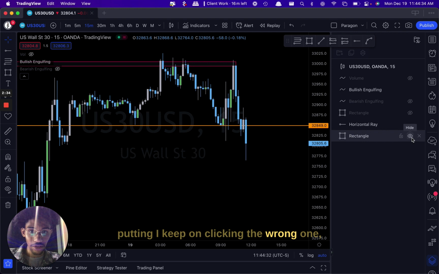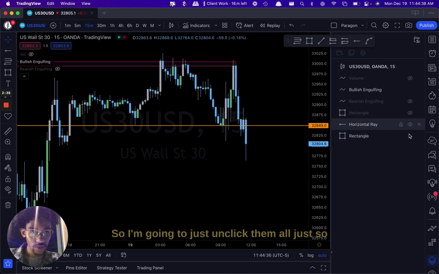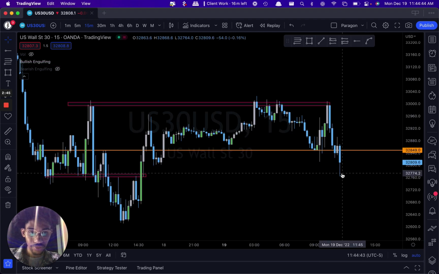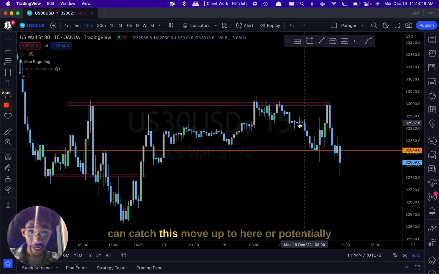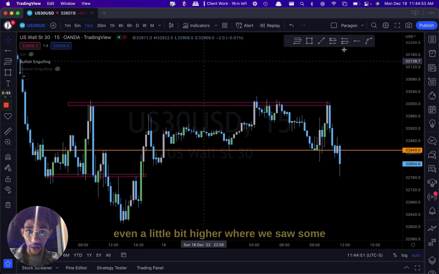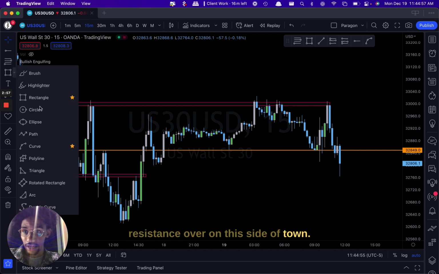So I'm going to keep my resistance up here as well. I keep clicking the wrong one, so I'm going to unhide them all just so we can see them all for the time being. And I'm saying to myself, okay, we can catch this move up to here, or potentially even a little bit higher, where we saw some resistance over on this side of town.